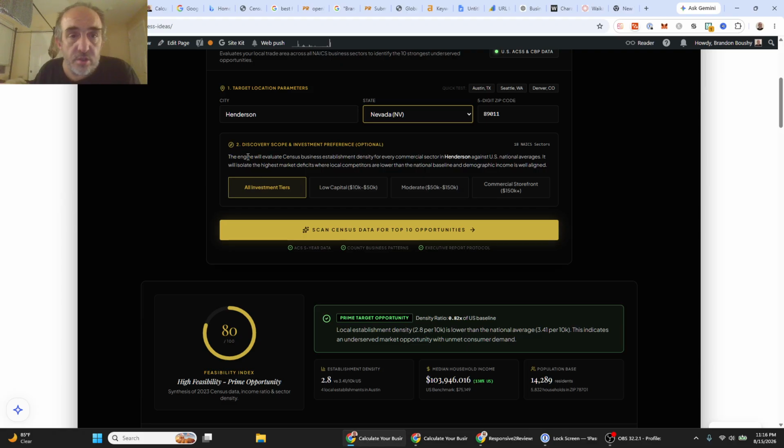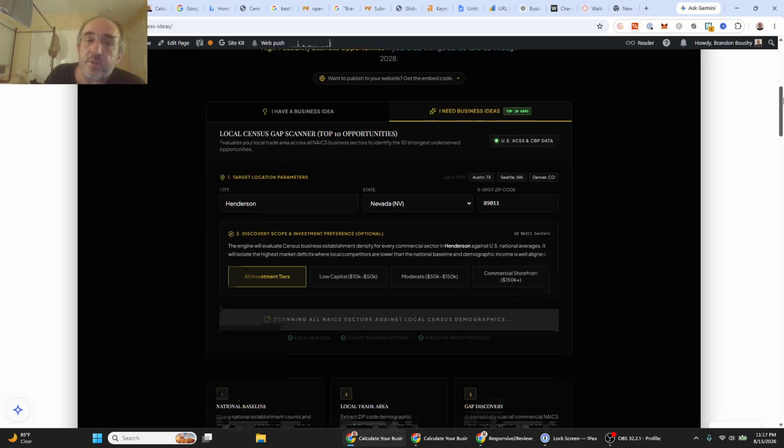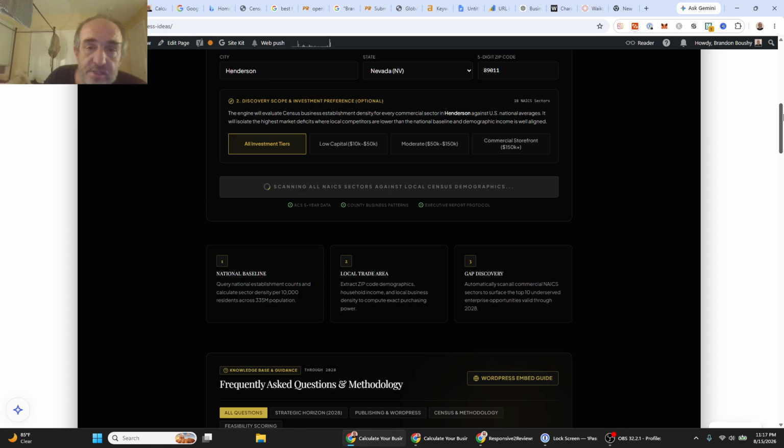It allows you to choose how much investment you want to do. I'm just going to leave it at all for now and scan the census data for the top 10 opportunities. It will take a minute because it's doing a lot more behind the scenes research.